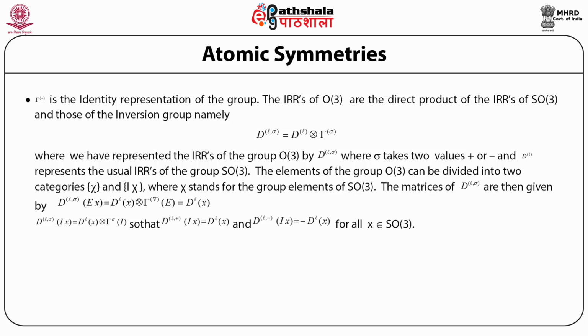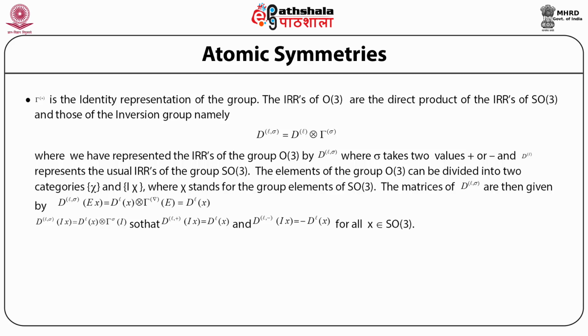Sigma takes two values, plus or minus, and D_l represents the usual irreducible representation of the group SO3. So D_l is the irreducible representation of the group SO3, and D_l sigma is the irreducible representation of the group O3.